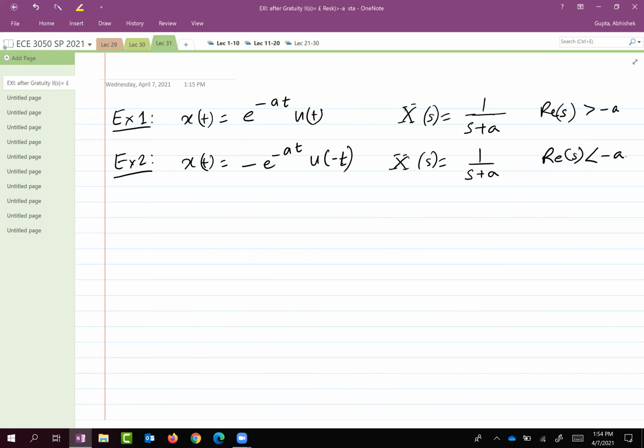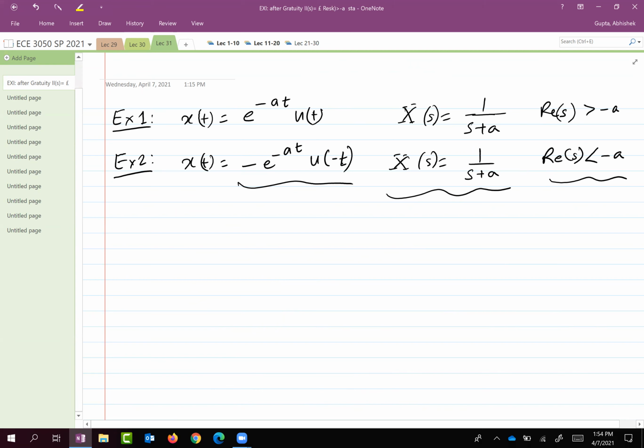Okay, so region of convergence matters. Even though two signals have the same Laplace transform, the functional form is the same, but because the region of convergence is different, you can see that there is a difference in the signal itself.